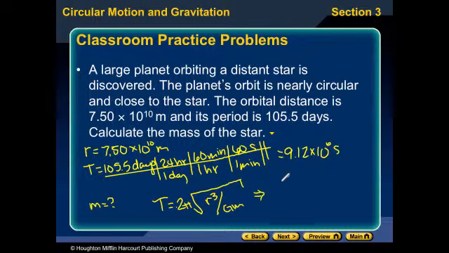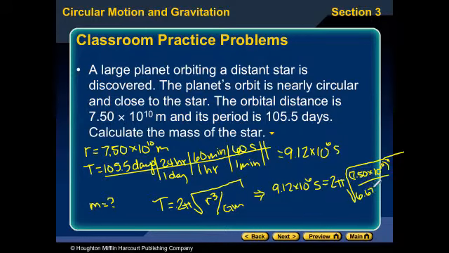So our period, 9.12 times 10 to the 6th seconds, is equal to 2 pi times the square root of r, which is 7.50 times 10 to the 10th, cubed, over the constant for G, which is 6.673 times 10 to the negative 11th, times M. So we have to solve for M. Go ahead and take a little bit of time, pause it if you need to.